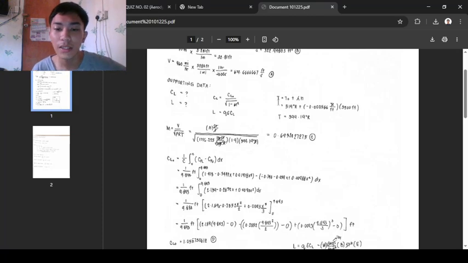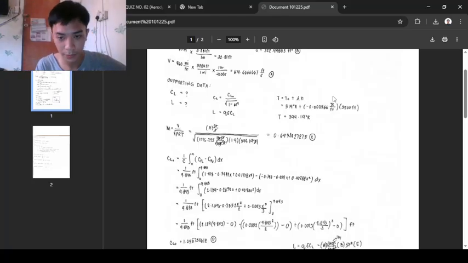So T is equal to T naught plus lambda times H. So 519 degrees Rankine plus the lapse rate negative 0.003566 degrees Rankine over feet times the altitude or height, which is supposed to be 35,000 feet.